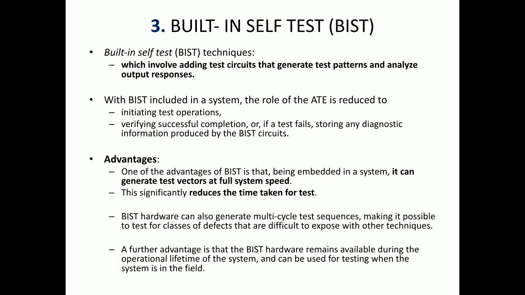In BIST, the role of the ATE is reduced to just initiating the test operations, verifying successful completion or failure of the circuit, and storing any diagnostic information produced by the BIST circuits, whether it passed or failed.